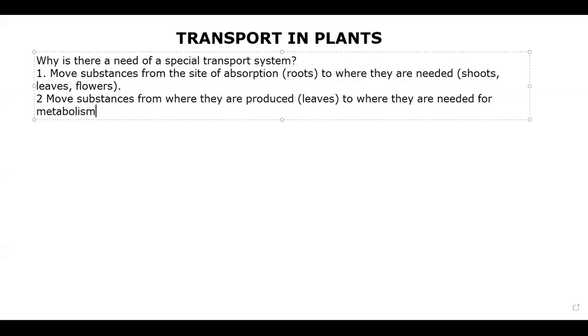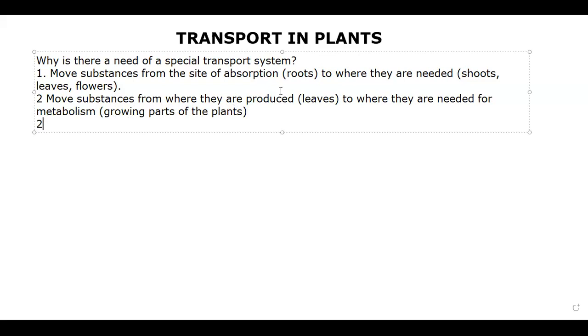This is again going to include the growing parts of the plant, whatever they are. This could even be the roots. If the roots need energy to grow, your roots would also require some sort of nutrition.